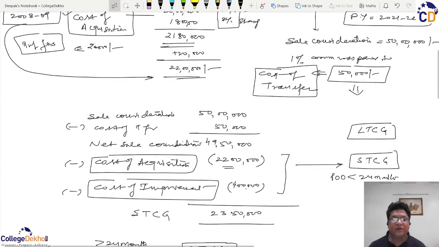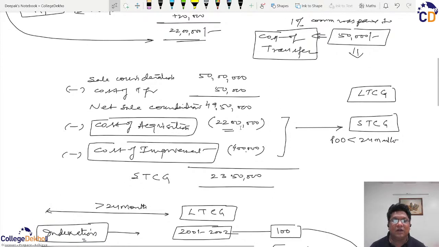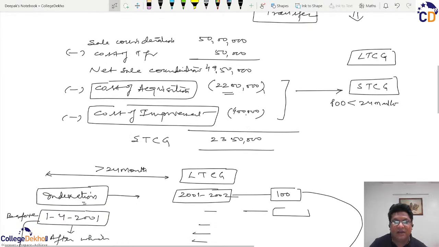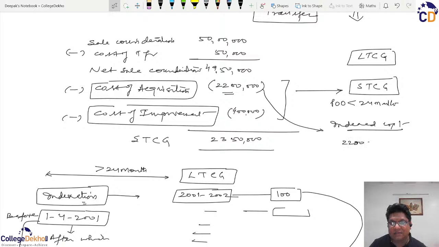So we will have to now index. When we index this, the indexed cost of acquisition will be 22 lakhs multiplied by the CII of the year of transfer, that is 317, upon the CII of the year of acquisition, that is 137.